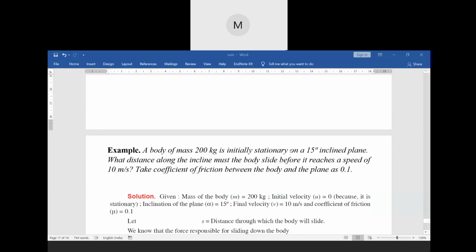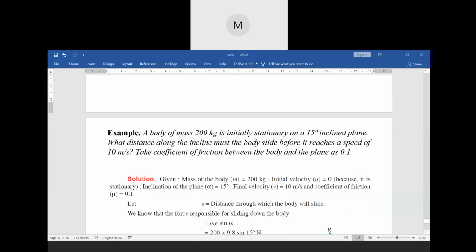Now look here. Always while doing this kind of numerical, you have to remember one important thing: you have to be able to write the given.